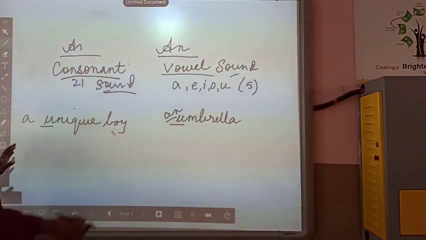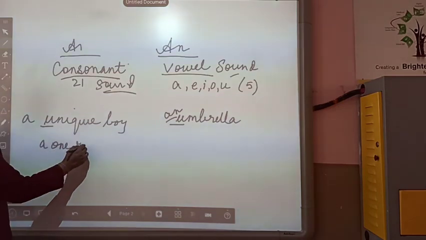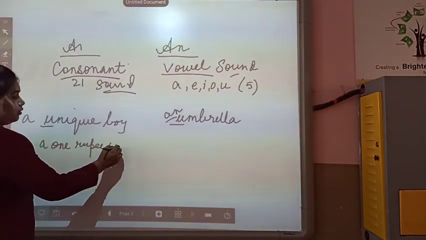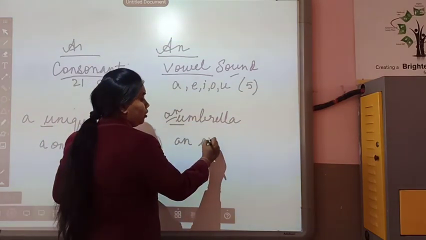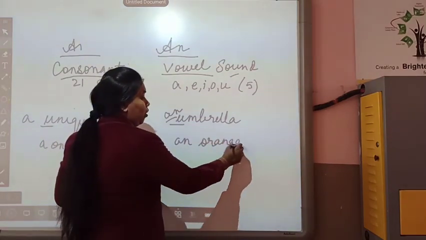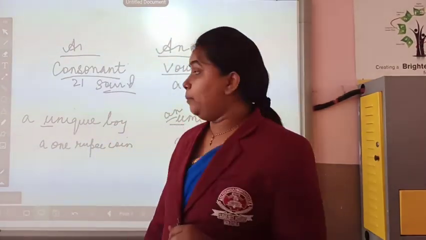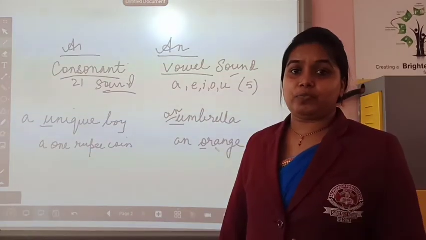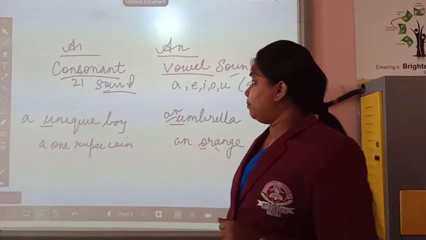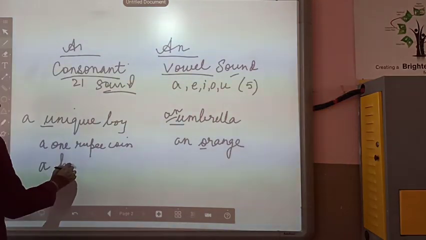Like a 1 rupee coin, and an hour, or a wrench, where the sound is vowel. So this we have to keep in mind when using a or an: the sound. Like for example, we say a horse.